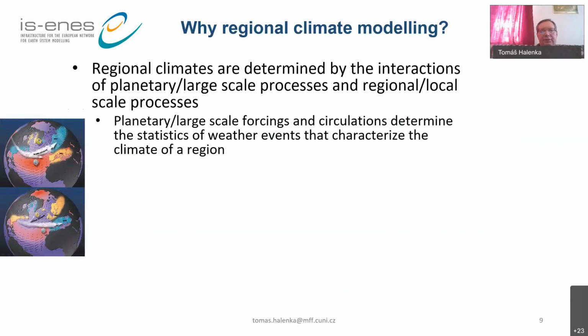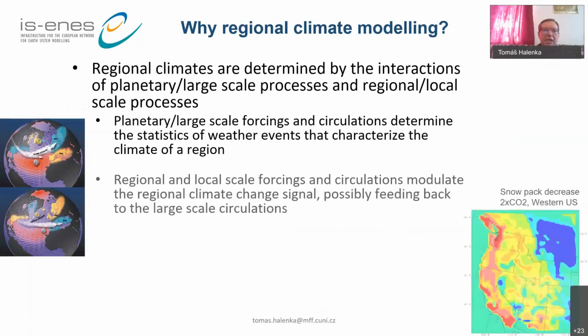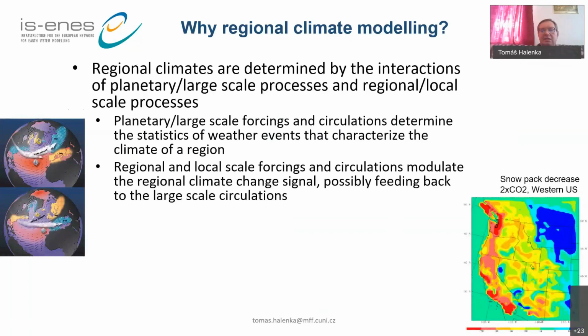Here's an example of the North Atlantic Oscillation. We have some kind of large-scale forcing, which you cannot get in regional models, but you need to downscale that because it's definitely driving the situation you have in the region, and that can be transferred to the region.